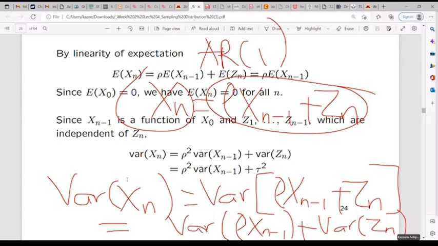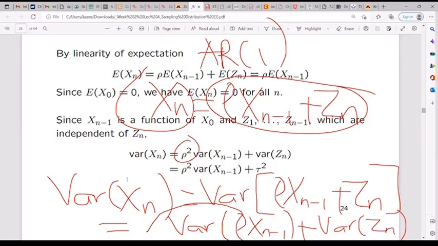Why do I write that? Because we expect Xn minus 1 and Zn to be independent, so the covariance is equal to 0. You don't consider covariance here. Now, rho is a constant, you know that, right? When a constant comes out of the variance, it becomes squared.